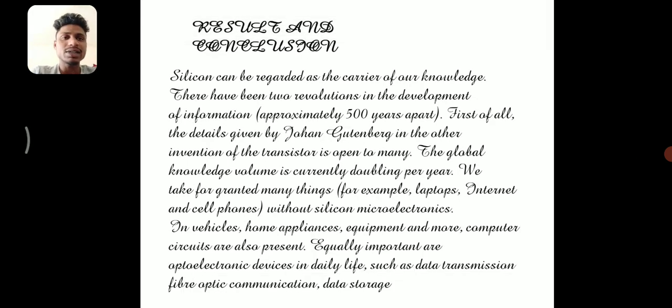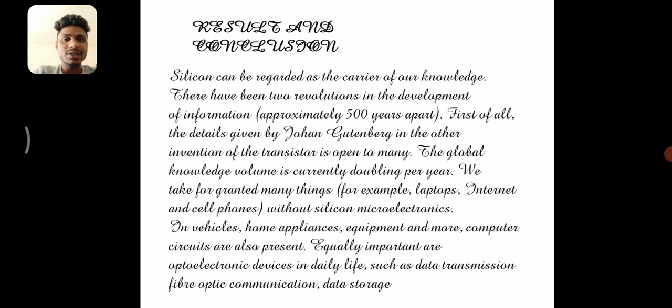Result and conclusion. Silicon can be regarded as a carrier of knowledge. There have been two revolutions in the development of information, approximately 500 years apart. First, the printing press invented by Johannes Gutenberg, and then the invention of the transistor. The global knowledge volume is currently doubling every year.